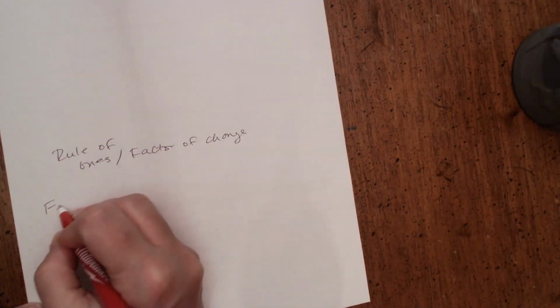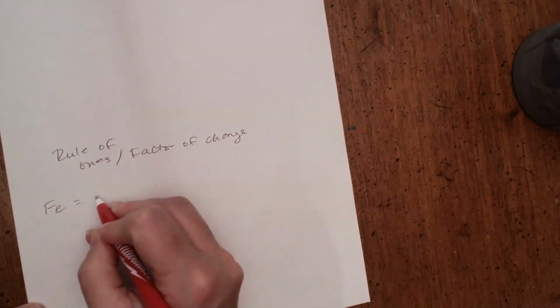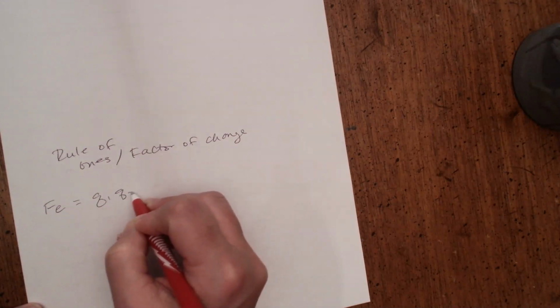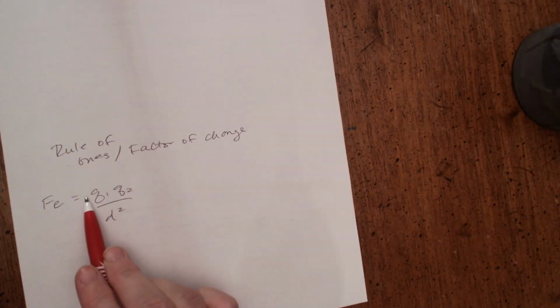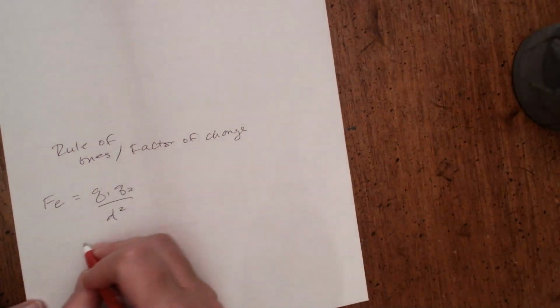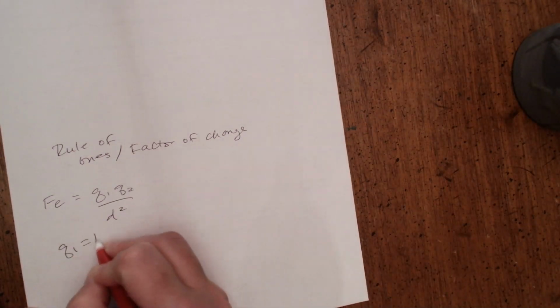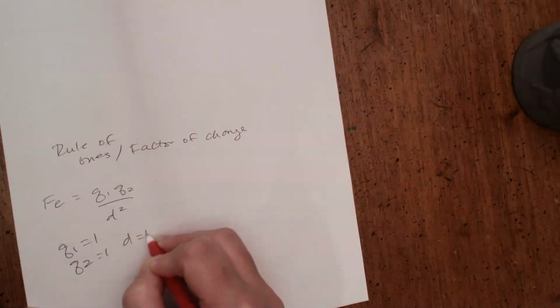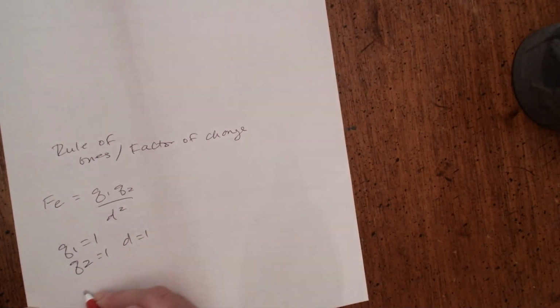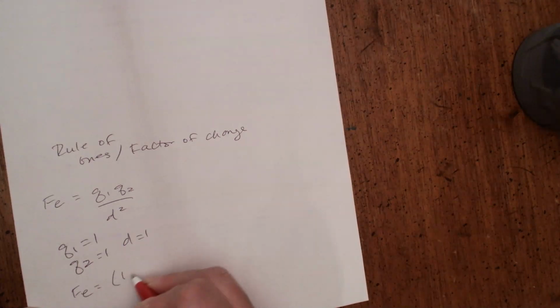Okay, so we've got our electrostatic force is our two charges multiplied together divided by the distance between them squared. I'm not going to worry about the constant because it's the same no matter what. Okay, so let's start with everything being equal to 1. If we do that, then our electrostatic force is just 1 times 1 divided by 1 squared.